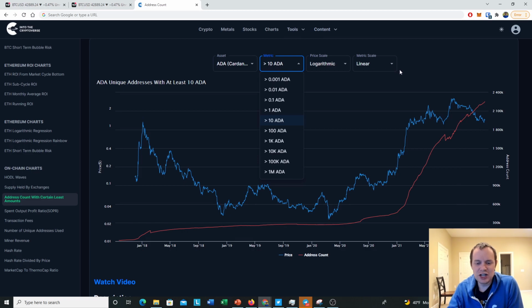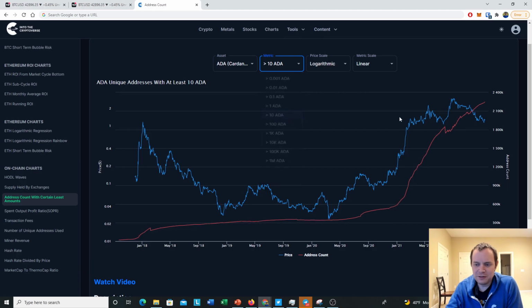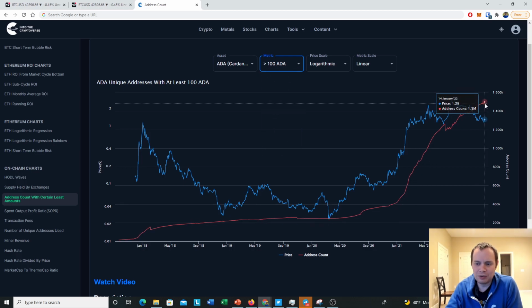But let's actually change it up, because 10 ADA is still a relatively small amount of ADA, right? You're talking about $12 worth of ADA at least. It doesn't mean that all of these wallets have $12. Some of them would probably have $100,000 worth of ADA in their wallet, but it's just greater than 10 ADA. Let's go to 100 ADA. You see a fairly similar story, but the difference here is we're going from 2.25 million wallets holding at least 10 ADA to around 1.5 million wallets holding at least 100 ADA.